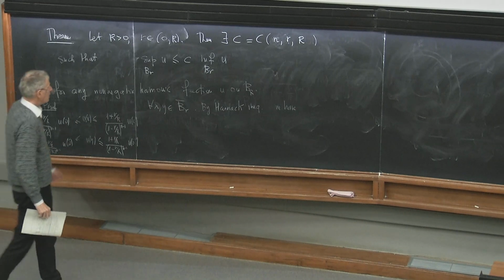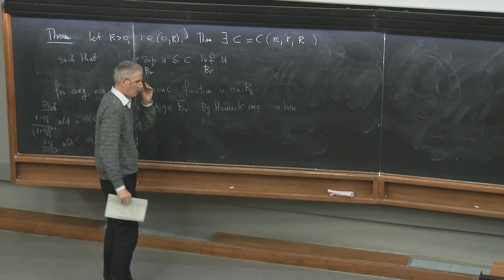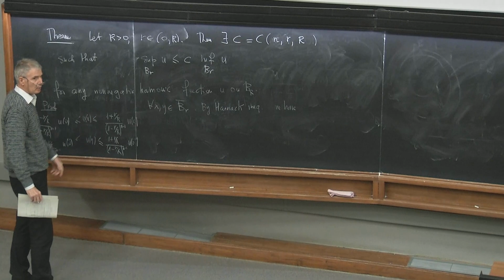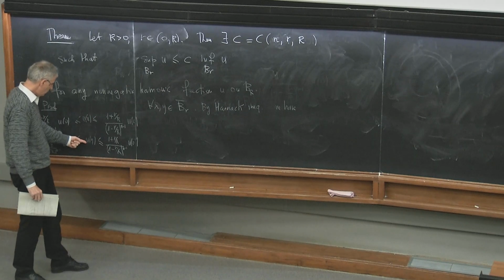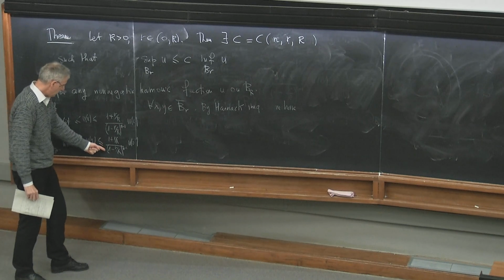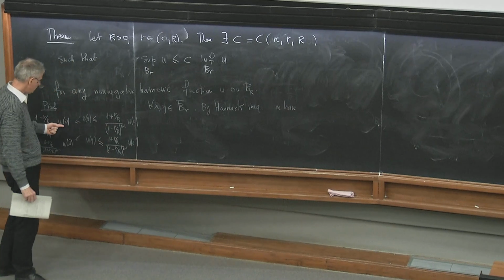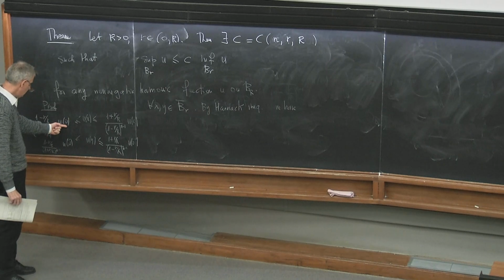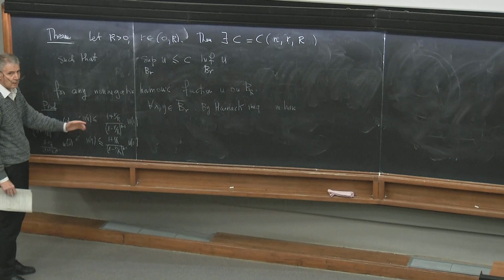Now, how can we compare the values of u at two different points? Well, the idea is to concatenate these two inequalities. No? So, for instance, we can start from here. I don't know, u of y is less than or equal to this times u of 0. But u of 0 is in turn less than or equal to this inverse times u of x.